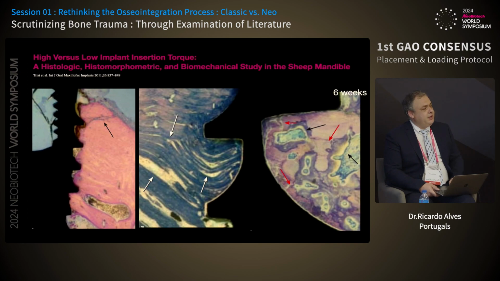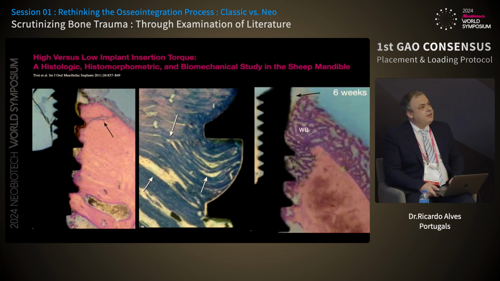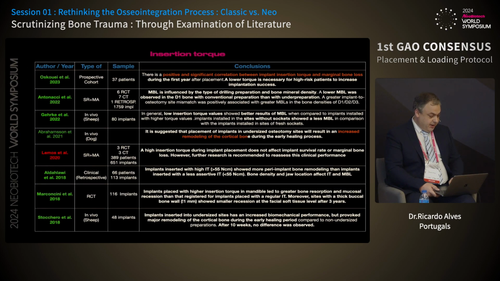And on the third image, at 6 weeks, you can see that the huge bone remodeling caused an increase in the porosity of cortical bone well beyond the site of the implant placement.